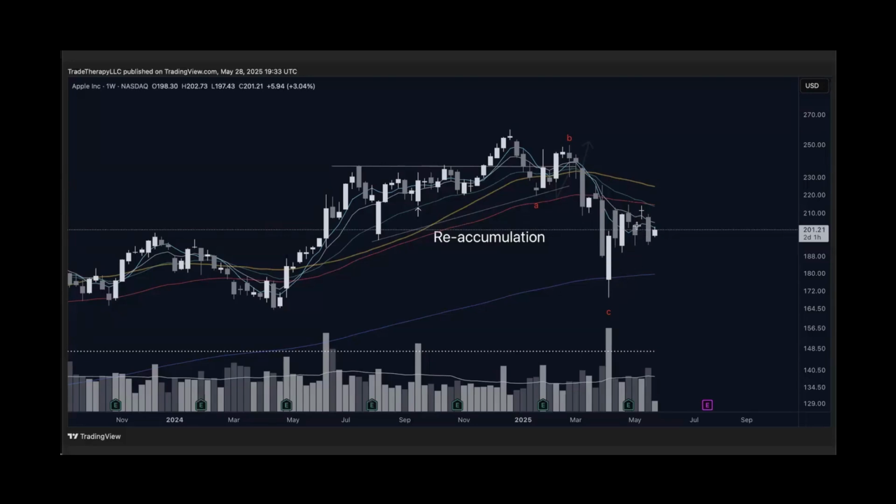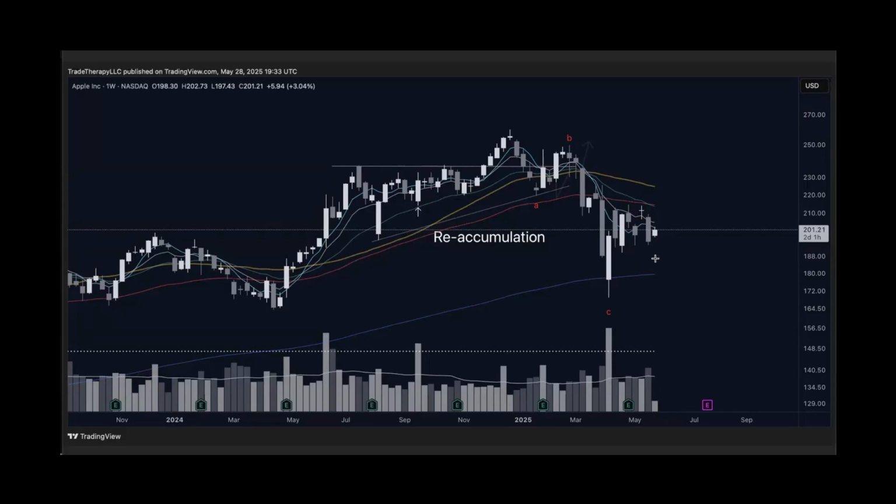And we see as price stabilized right here, it has not been able to retake any of these weekly moving averages. So we do expect to see a backtest of demand before institutions fully commit to the long side of the trade. They want to make sure that there are no more larger players committed to the short side of the trade.